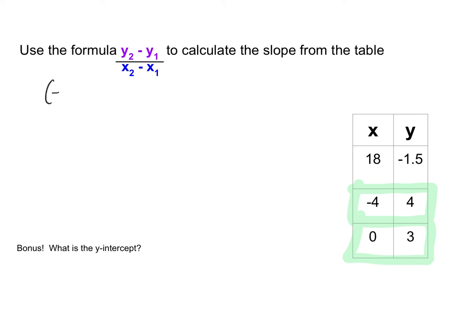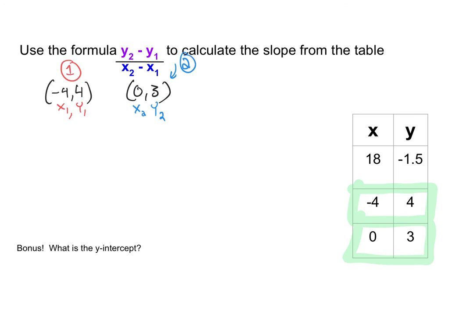So let's say -4 and 4, and then 0 and 3. And I will call that my x1 and my y1. So this is going to be my first point. And this one will be my second point. So I'll call that my x2 and my y2.